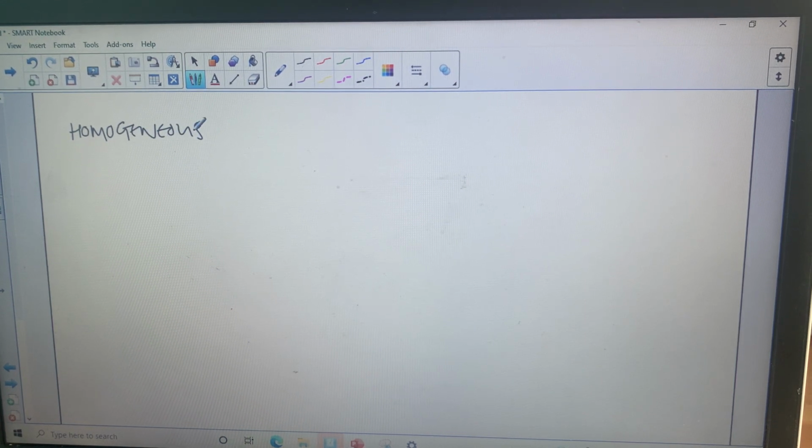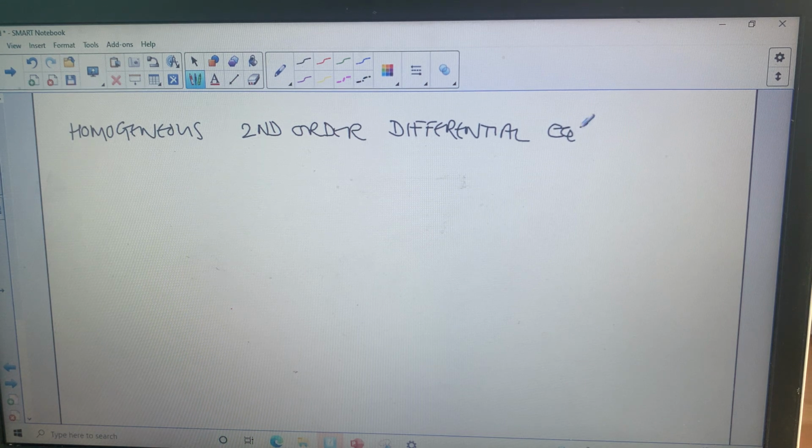Remember, homogeneous means every term involves the dependent variable, which in most cases is y.